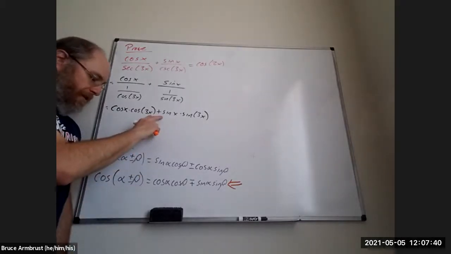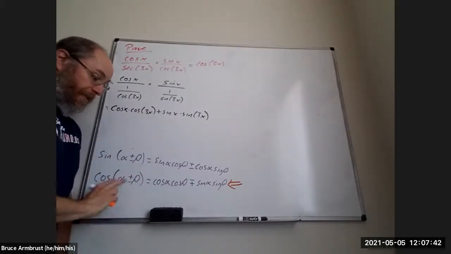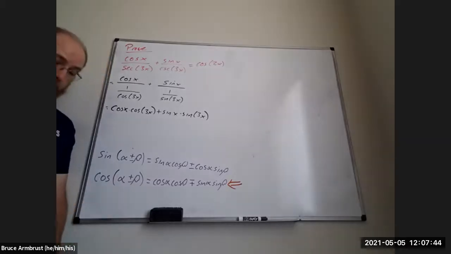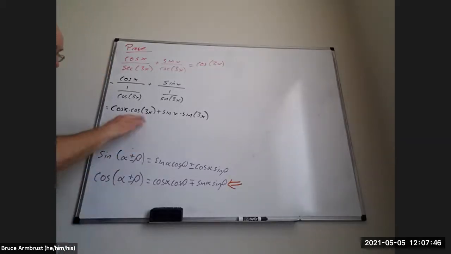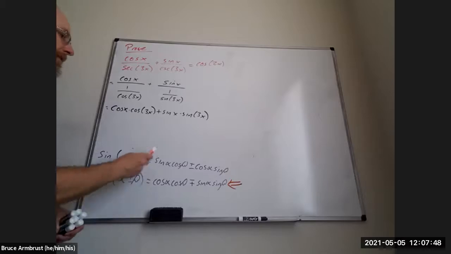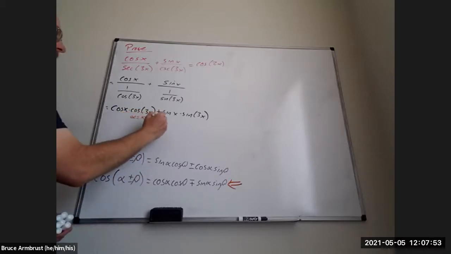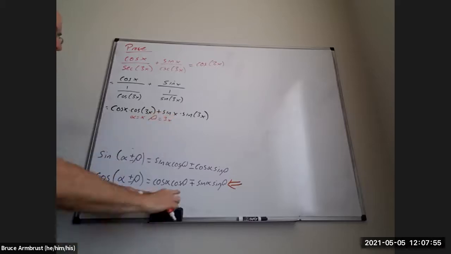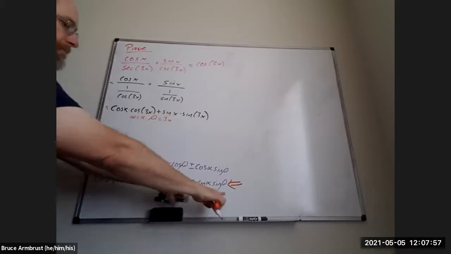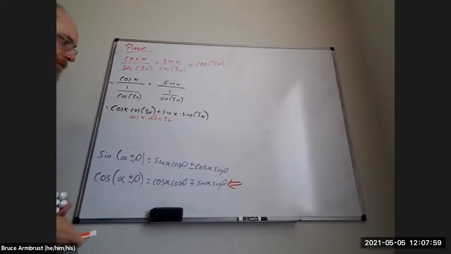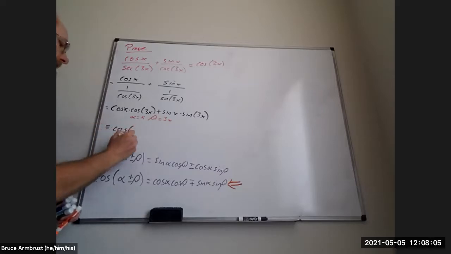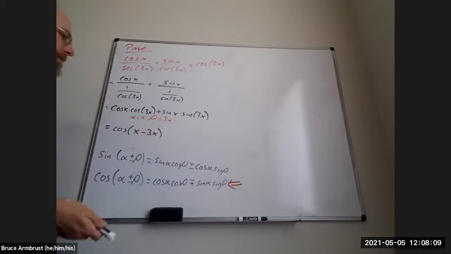So I'm going to use this to put this together into one cosine. To translate it here, we're going to have alpha equal to x and beta equal to 3x. That's the form we've got here. So putting that together turns this into cosine of x minus 3x.